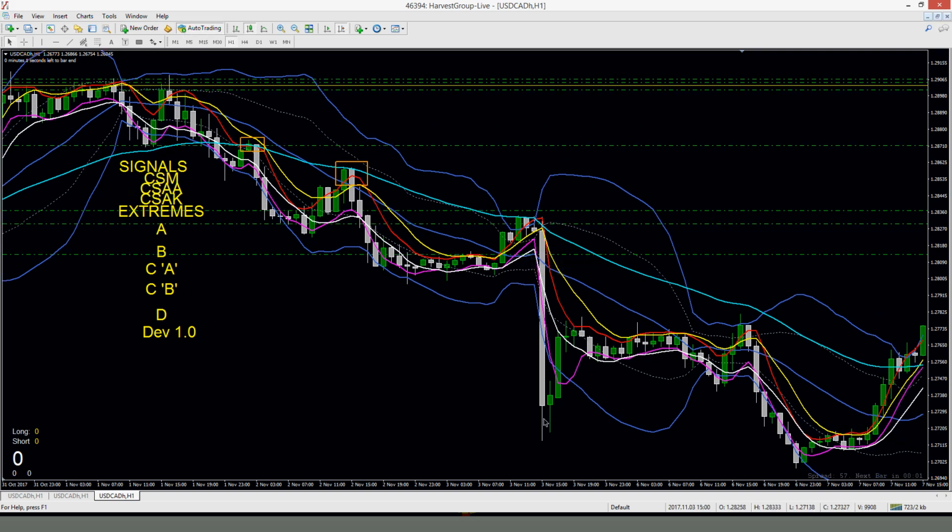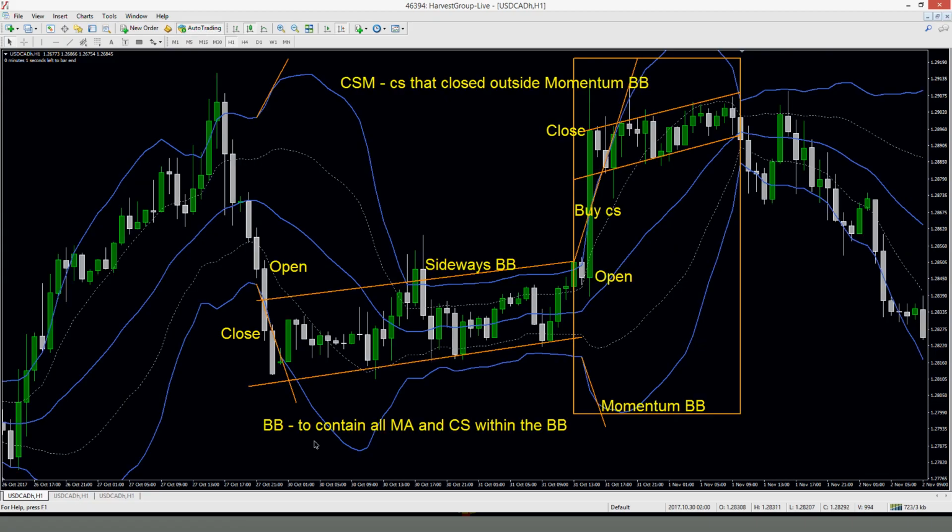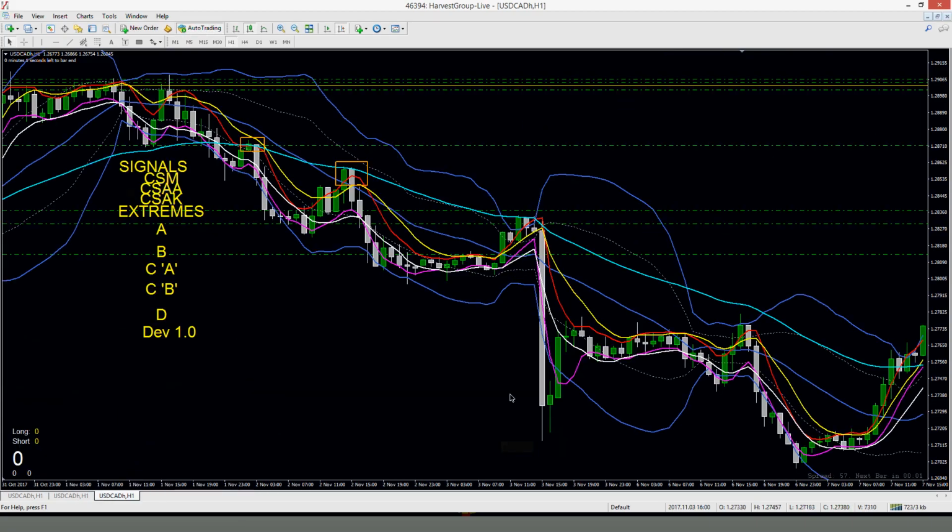So the price went down, CSM, then you know why you need to take profit on the very lowest one, because this candle is too far away from the Bollinger Band. And if you go back to what the Bollinger Band's main function is, to contain all moving averages within the BB, this candlestick momentum is too far away from the BB. So obviously the candle will move sideways and upwards.